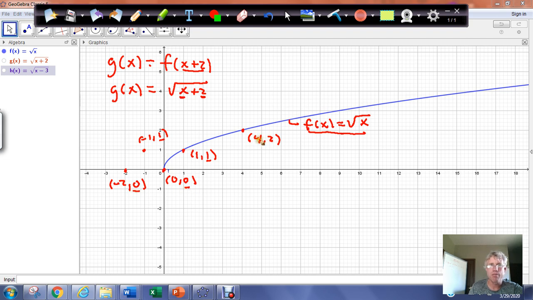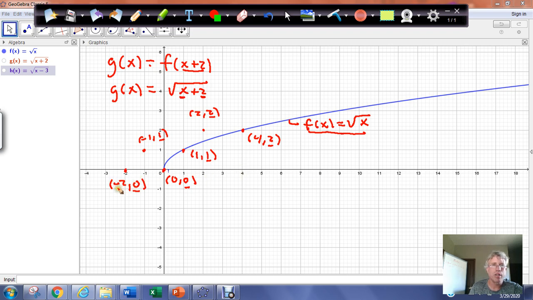The point at x equal to 4 will be shifted 2 units horizontally to the left over to the point 2, 2. The output's not impacted. It's a horizontal shift because the input variables, the x's, are graphed on the horizontal axis, and this 2 is being added to the input variable, so it impacts the horizontal positioning of the graph.